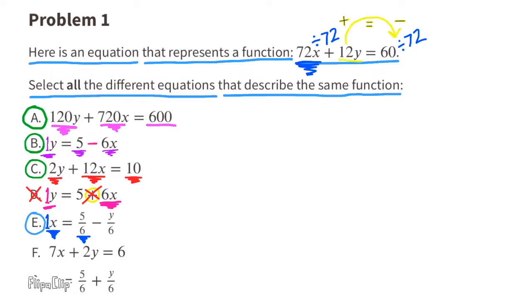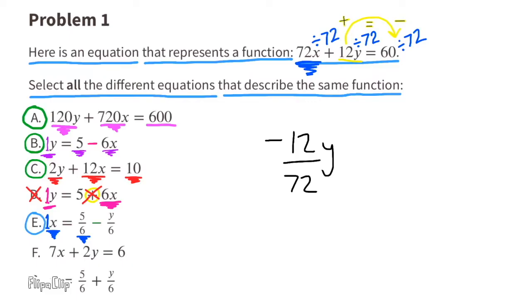It starts out on the left side of the equal sign and then ends up on the right side of the equal sign. So let's see if 12y divided by 72, then subtracted from both sides of the equal sign, is indeed negative y over 6. Let's find out. We can subtract 12y divided by 72 from both sides. It gets canceled out from the left side, and this is what's left on the right side.